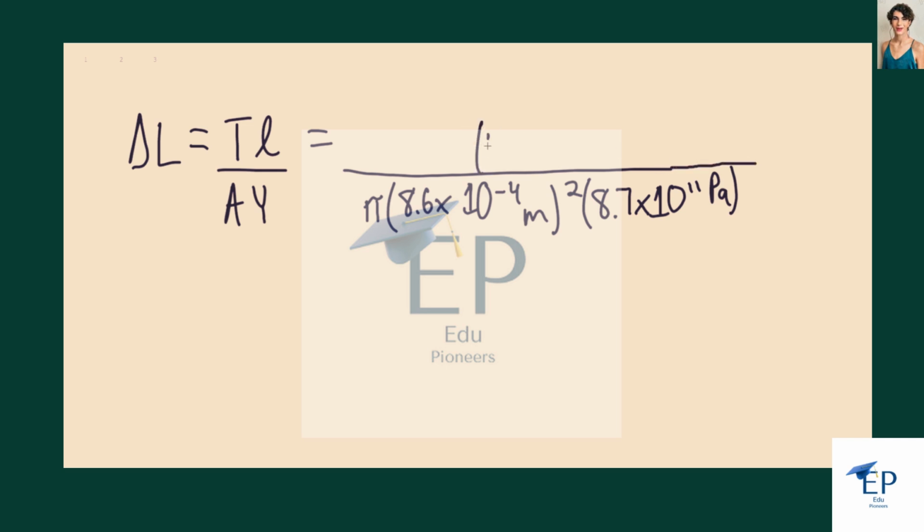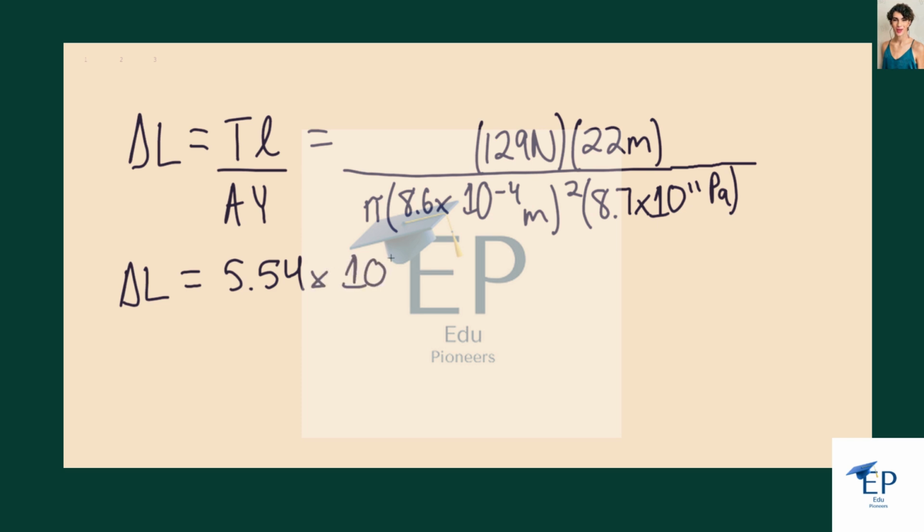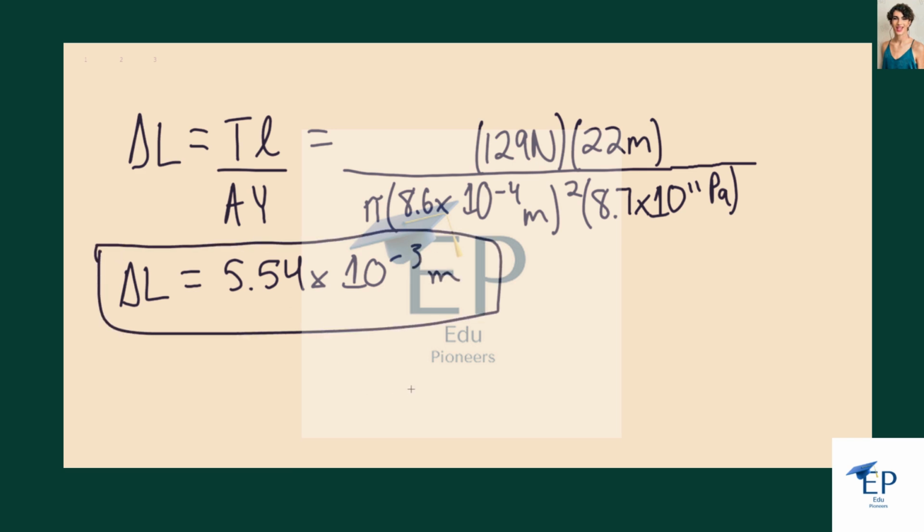And then we'll have 129 newtons times 22 meters. And so the delta L is going to be equal to 5.54 times 10 to the negative third meters. So this would be the change in length. This would be your answer for part B. That is the end of the solution. Thank you for watching.